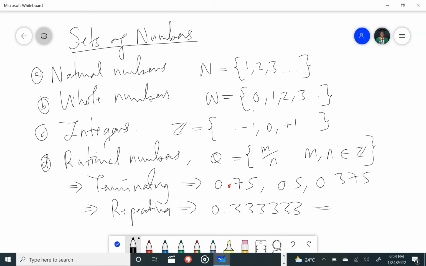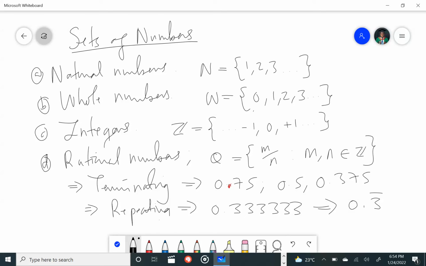You write 0.3 and then put a line on top to show that the 3 just keeps on going and going. These concepts are very important, and when we talk about rational numbers in detail in a short while, you're going to understand that.